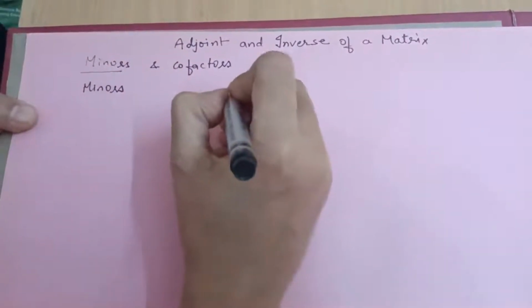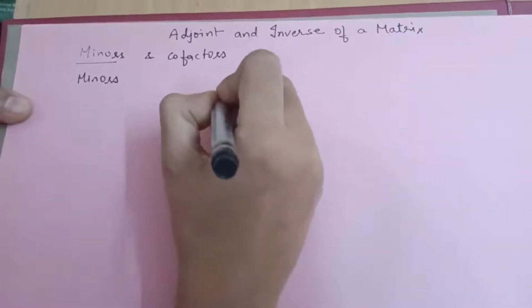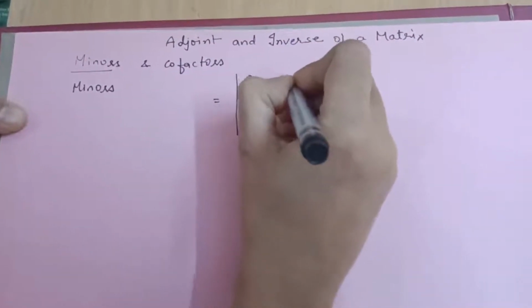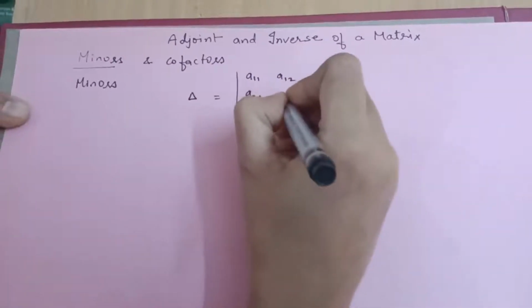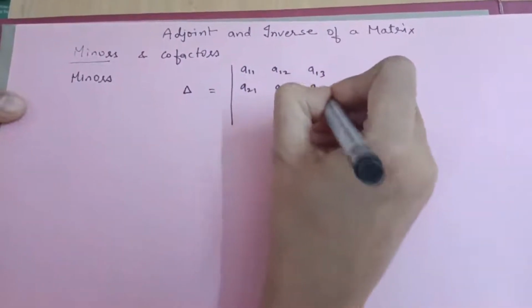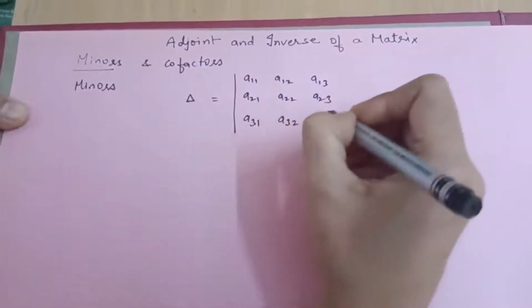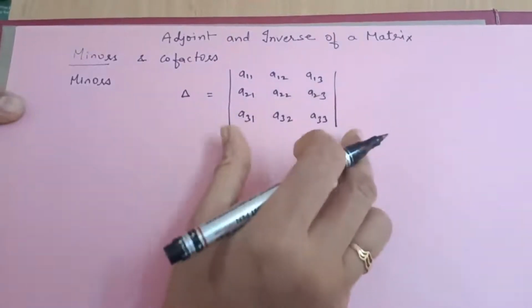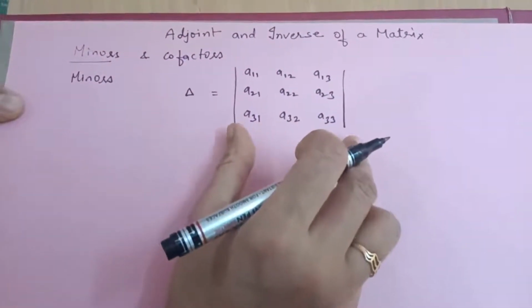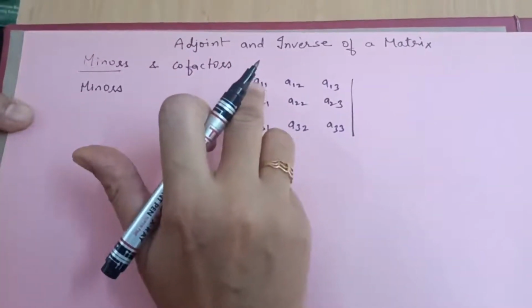Suppose a 3 cross 3 determinant is given, with first row A11, A12, A13, then A21, A22, A23, and the third row. This is the determinant of a 3 cross 3 square matrix. Minor of each element I can find out.